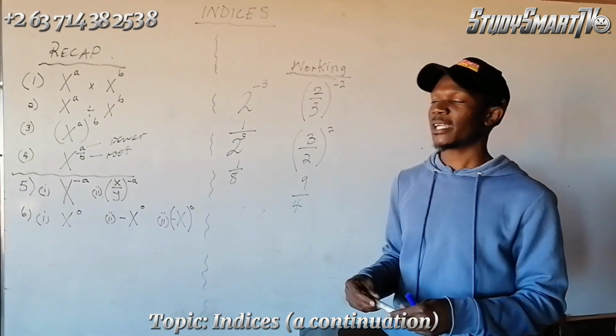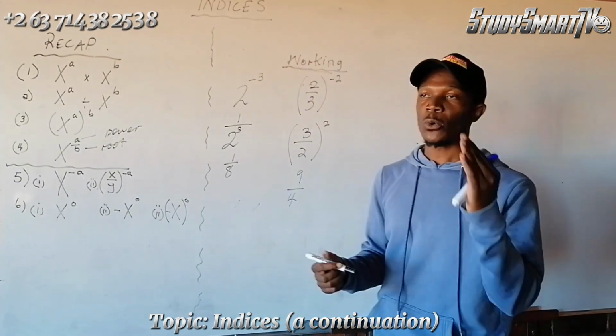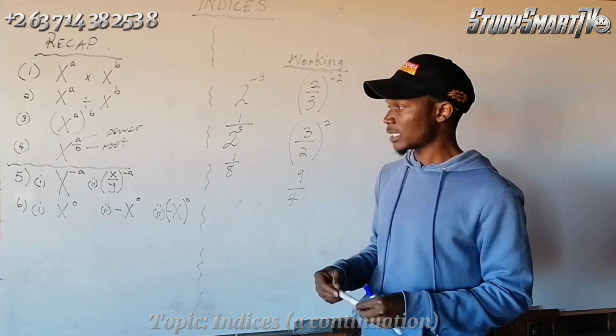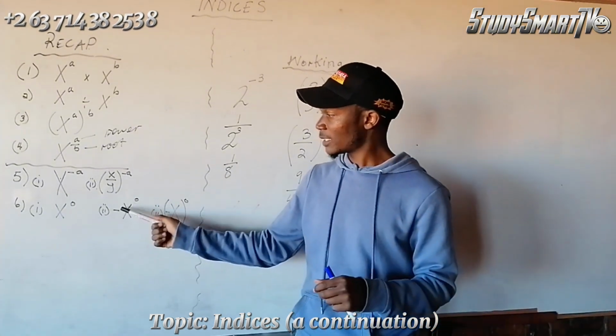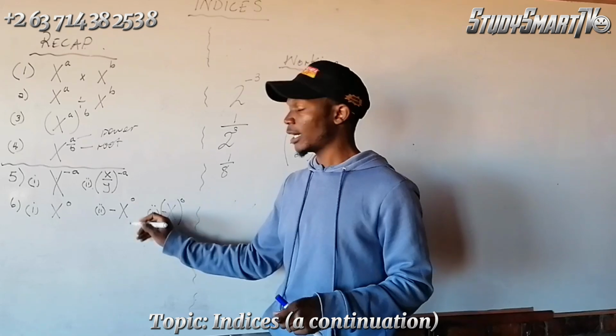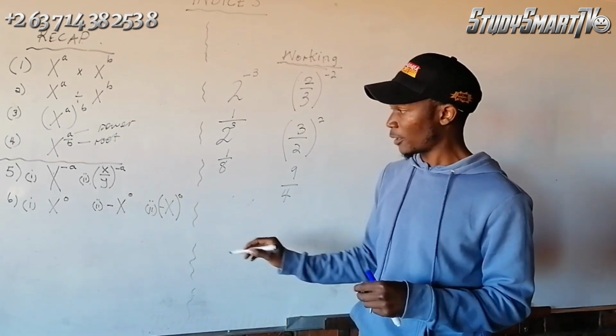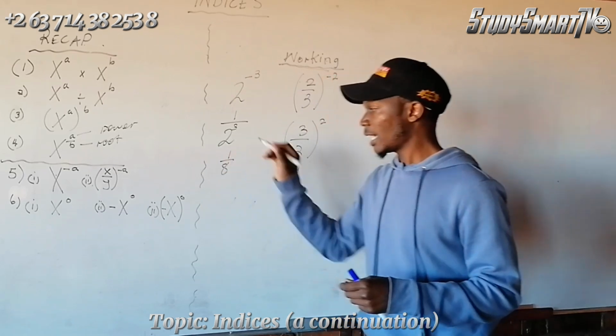We move on to this law. Whenever a number is raised to the power 0, the answer will be equal to 1. All numbers raised to the power 0 are equal to 1. But let us be careful. When a number is raised to a power like this, the answer is only that the number is raised to the power, but the negative is not affected. So our answer here will give us a negative.